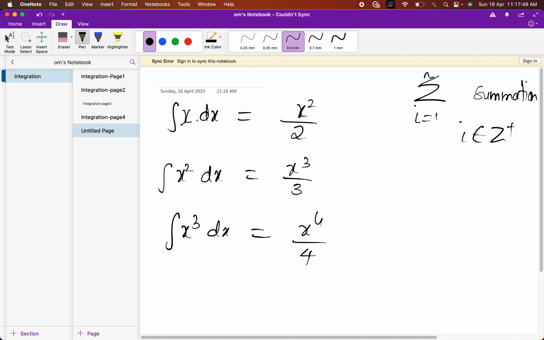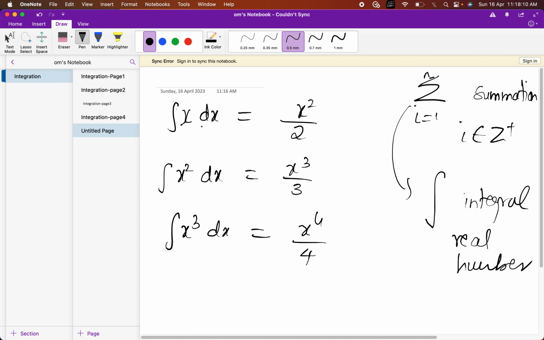However, in integral, we know that the area is moving in very small increments of h, where h is a real number. So this summation changed into the integral symbol, because now we are working in the real number domain. So I am not incrementing in integer quantities, I am incrementing by dx, very small amounts.